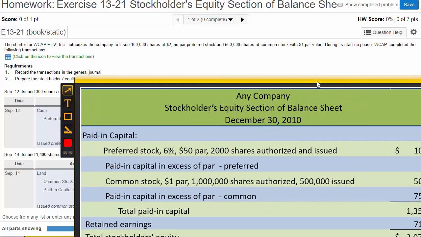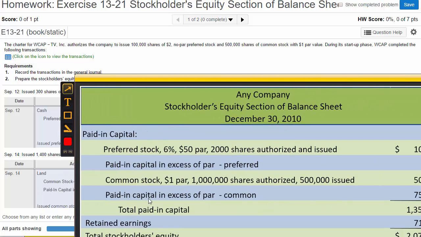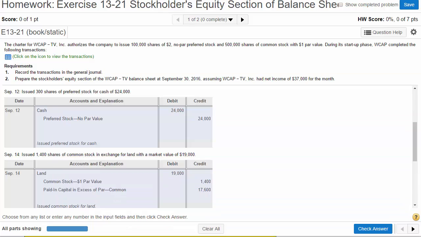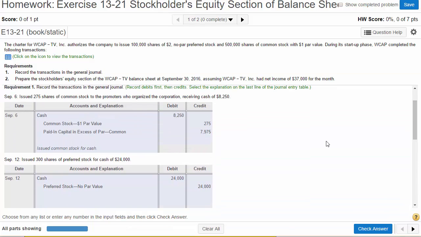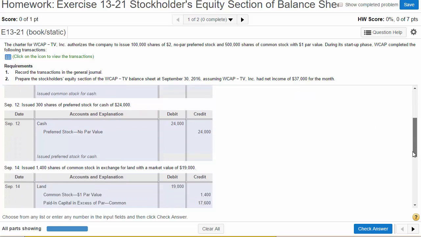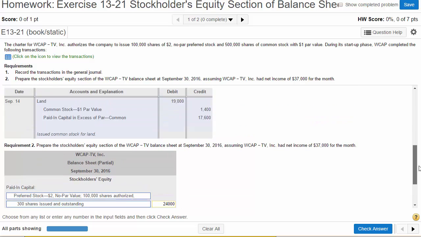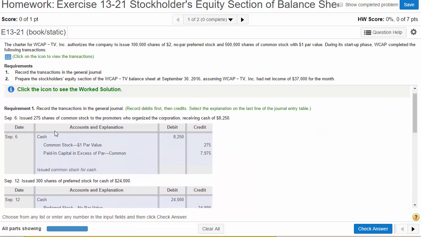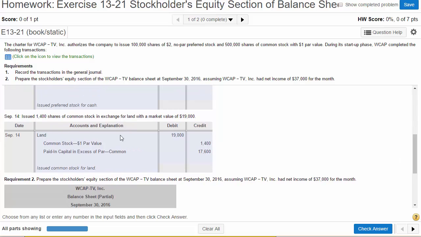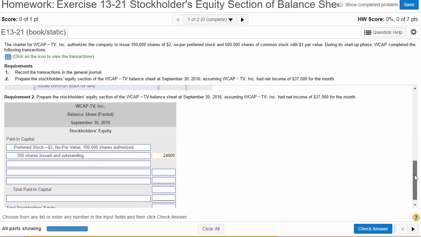Next on our list is common stock and then paid-in capital in excess of par for the common. So let's scroll up here. We've got common stock, 275. Let's talk about the shares. We got 275 shares of common stock, and then later, we have 1,400 shares. So we have issued 1,675 shares.